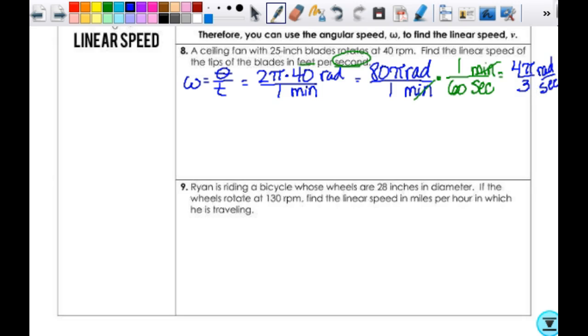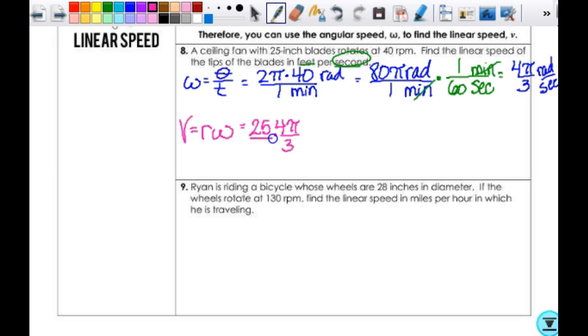Okay, so now I have it in seconds. That's good. So now we're going to go and substitute it in to find the actual velocity, which in this case is r times omega instead of theta over t, because I already basically have the time calculated in there. What's the radius? 25. So I'm going to get 25 times 4 pi thirds. Right? So I'm multiplying something that's not a fraction by something that is.